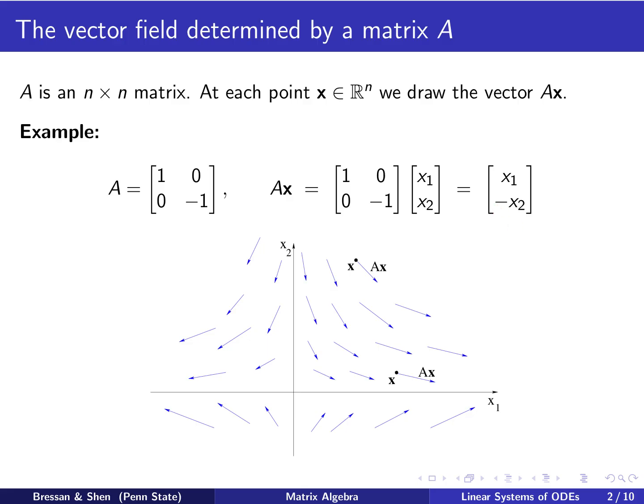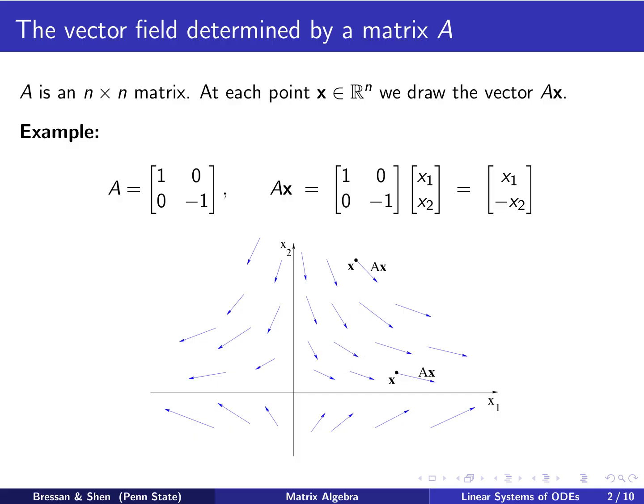So for example, this point here, it would be a vector in this direction, but then the x2, meaning the y-axis, will be reversed. So instead of pointing up like this, it has to point down.